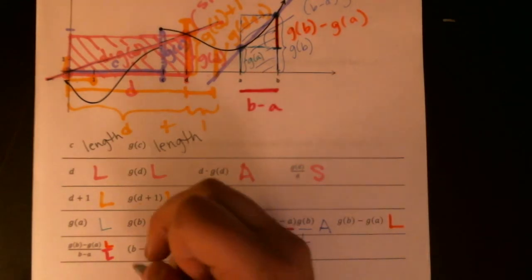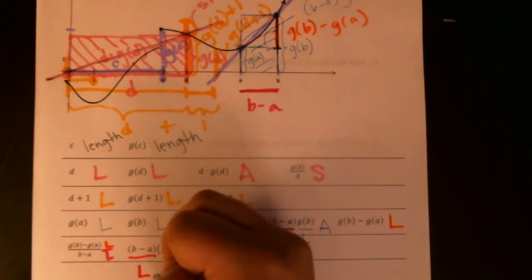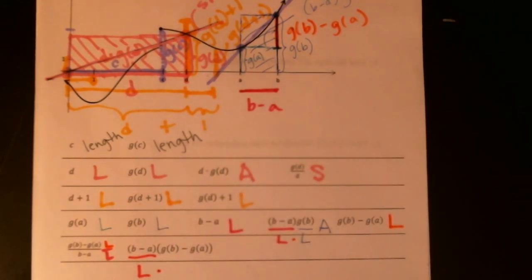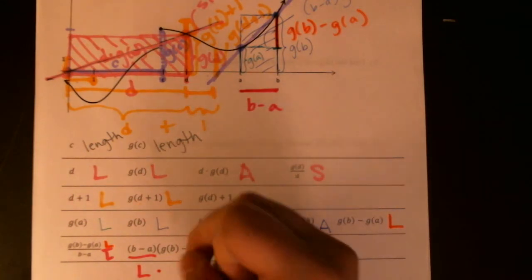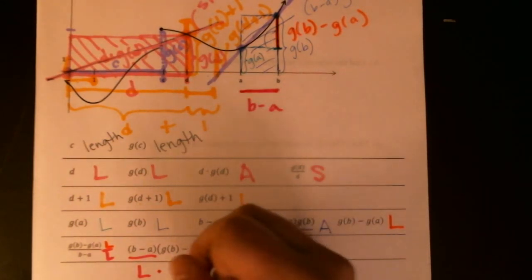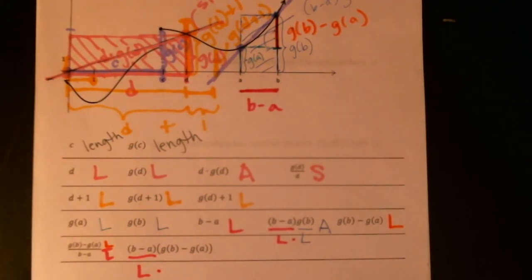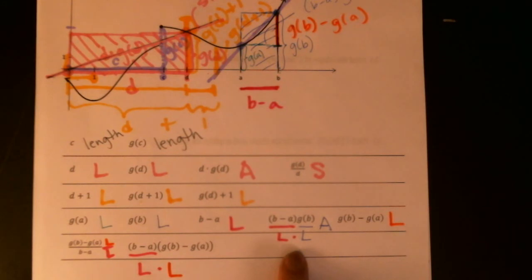Okay, last one is B minus A, which is a horizontal length, times G of B minus G of A, which is a vertical length. That was orange. Okay, so length times length is an area again. That's what we had up here, but this is a different one.